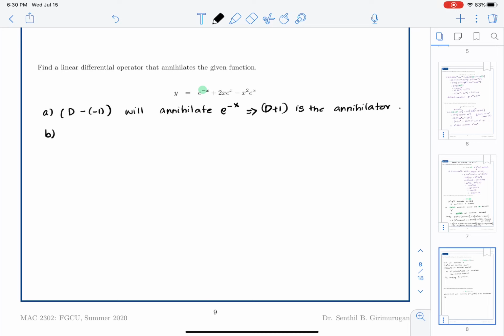We have x e raised to x. Alpha is 1 in the exponent, and there is an x in the front. So D minus alpha, squared, will annihilate x e raised to x. Why?